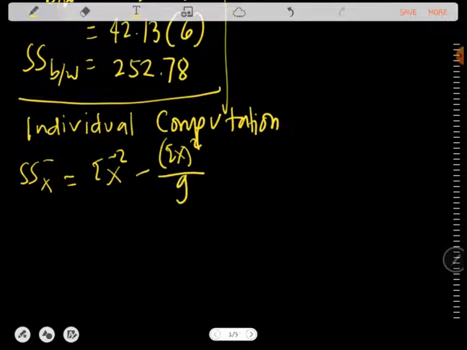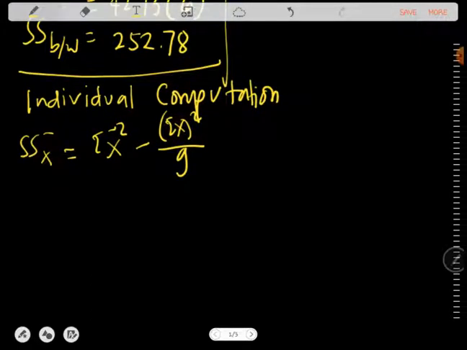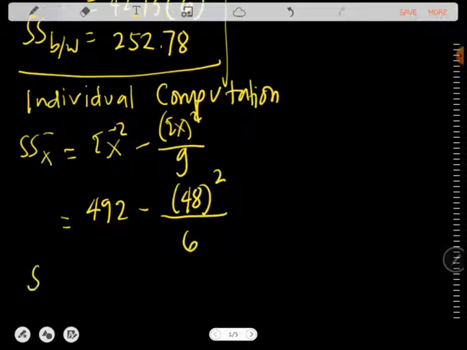Okay? So, ang g natin ay 6. Okay? So, for cognitive muna, yung first group natin, group 1. So, that is 492. Nahanap natin to kanina. Minus, yung summation of x natin na 48. Okay? Enclose natin and squared natin divided by 6. And then yung ating SS mean or sum of the square of the mean sa ating group 1 is 108.